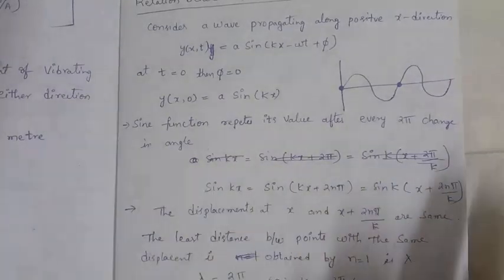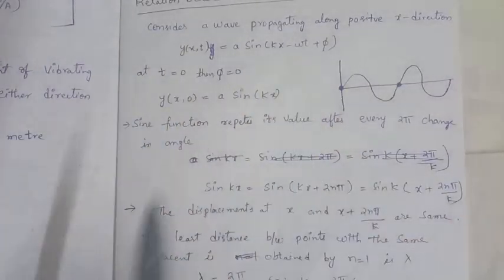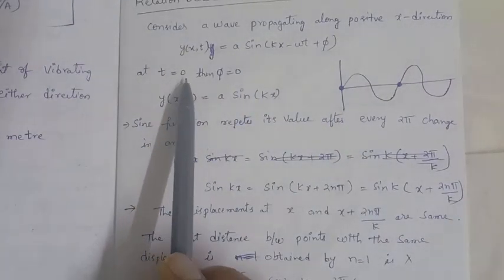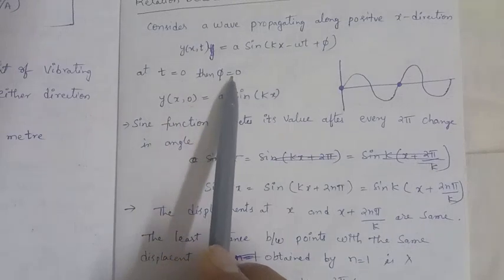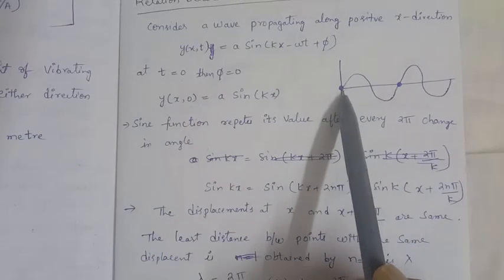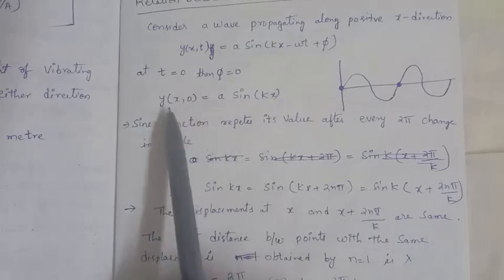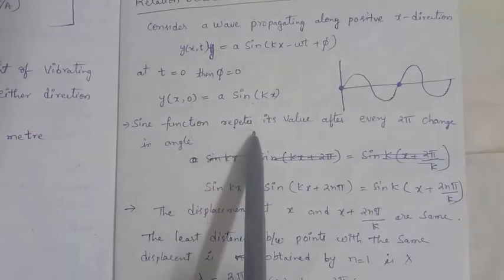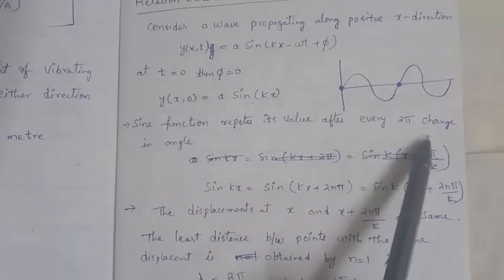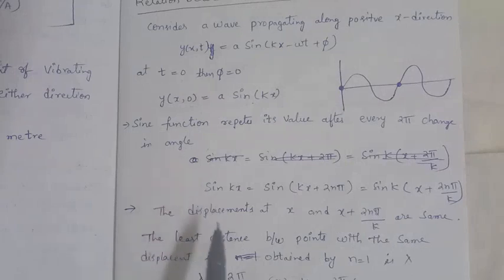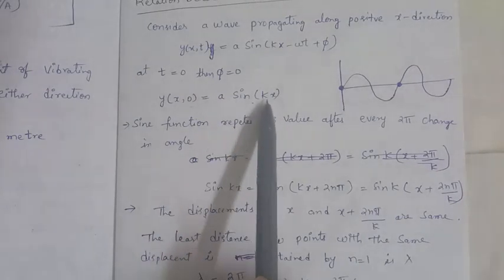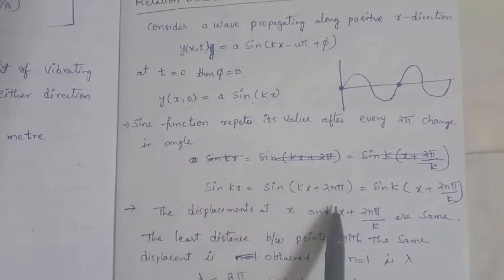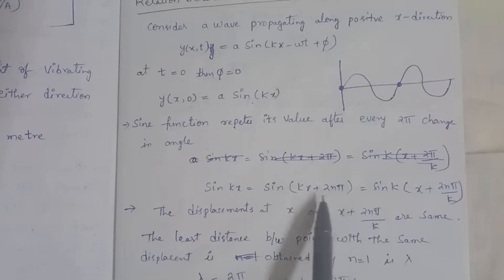First of all, take the progressive wave, with t equal to 0 and phi equal to 0. The sine function repeats its value after every 2 pi change in angle. So equating sin kx, I will add 2n pi to this expression, and the sine function will not change.